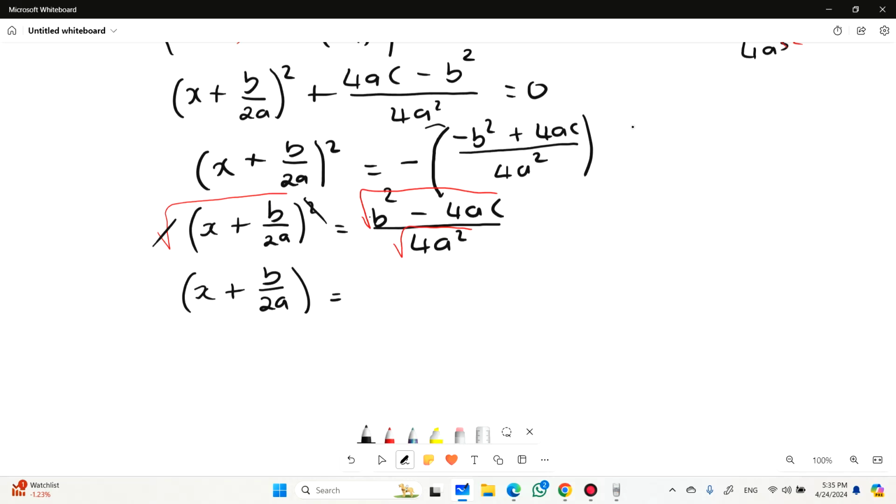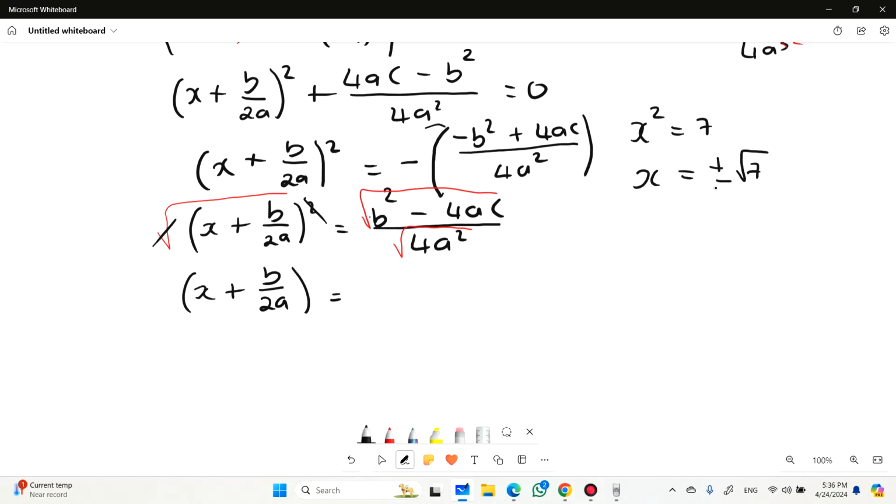Remember, when I have x squared equal to an irrational number, let's say 7, or rather a number that is not a perfect square, let's say 7, right? So how do I find x? Well, x in this case should be equal to positive negative the square root of 7.